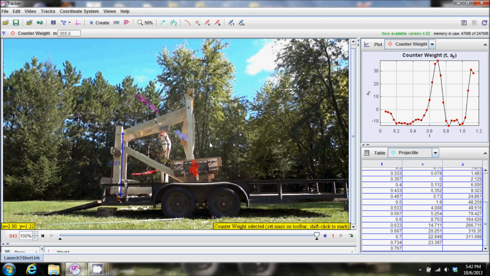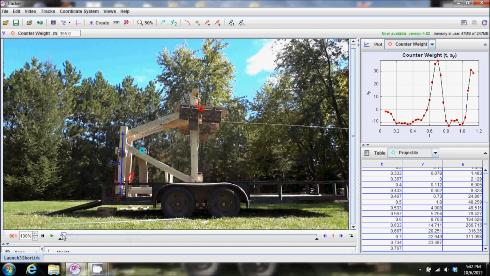Finally, what would I improve on this machine? Well, the first thing, as I mentioned before, is to either block my trailer or put the machine on the ground so I don't lose the energy there. I also was thinking, when I first ran this machine, I had the chain and cam set up so that my arm, instead of being straight down here, was horizontal with the projectile sitting on top of it.